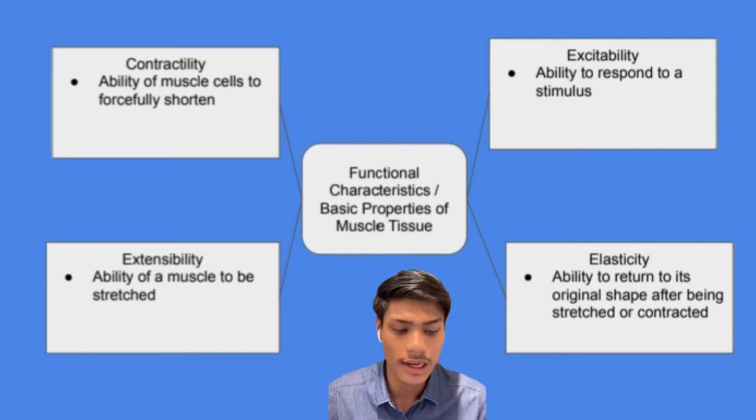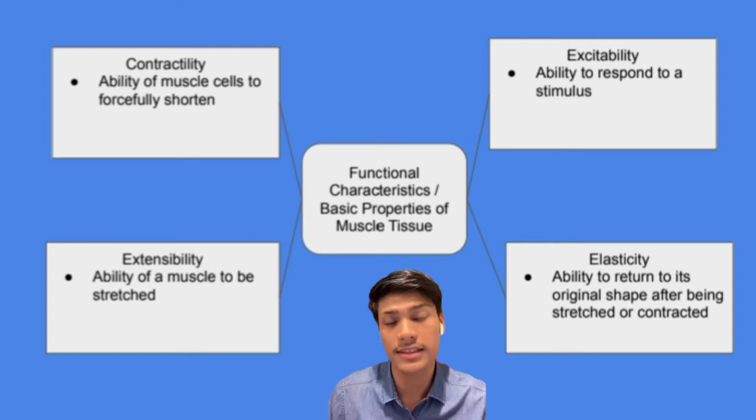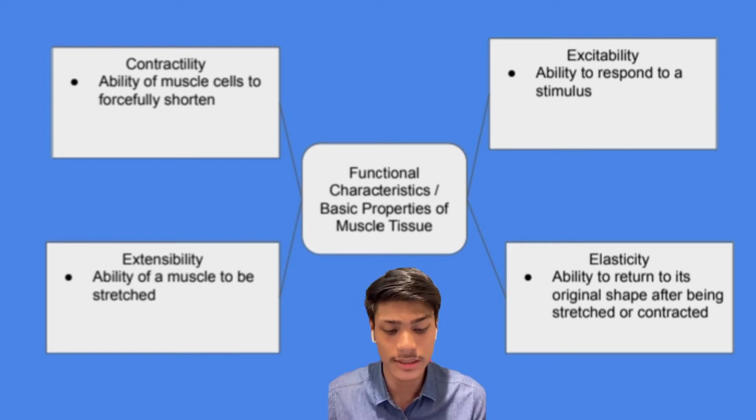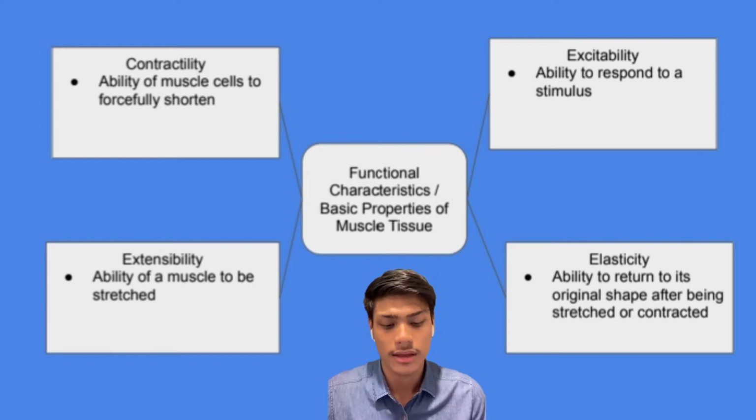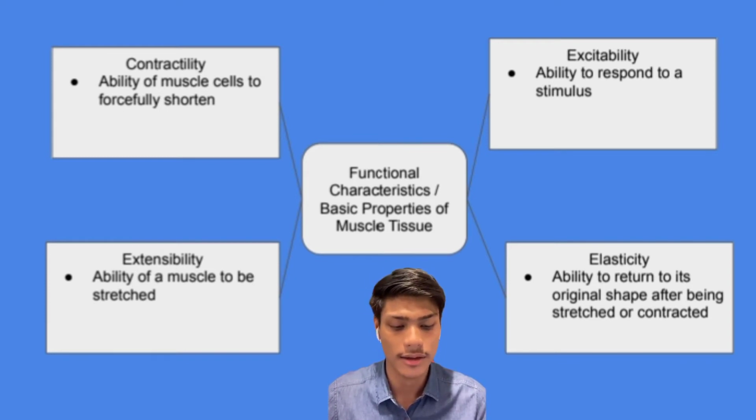Lack of extensibility is known as spasticity. The last one is elasticity. Elasticity is the ability to recoil or bounce back to the muscle's original length after being stretched.